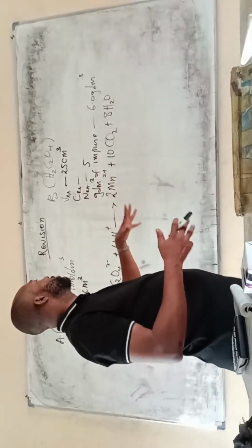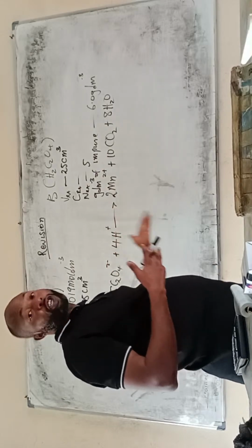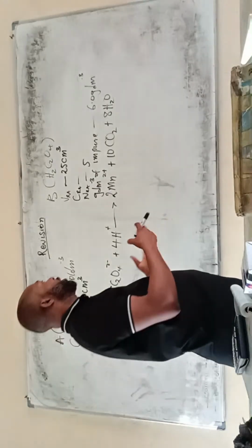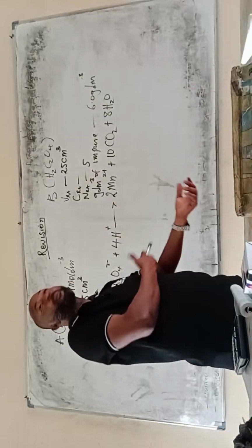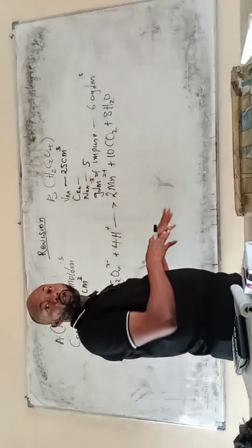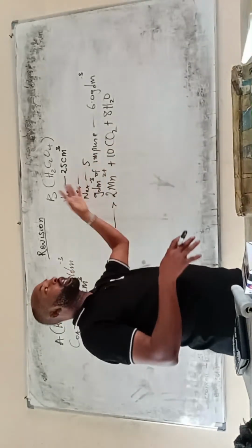Although they went straight up to ask to calculate the percentage impurity, we know we cannot get mass concentration of anything without knowing the molar concentration. So we'll check the molar concentration, and if it is not given, we calculate it. That's what we're doing right now.